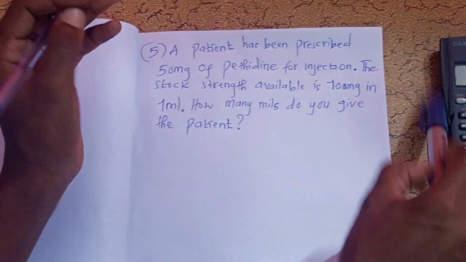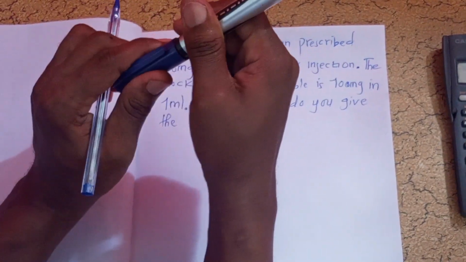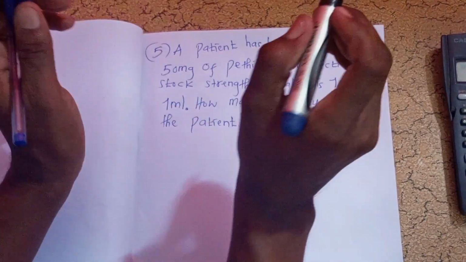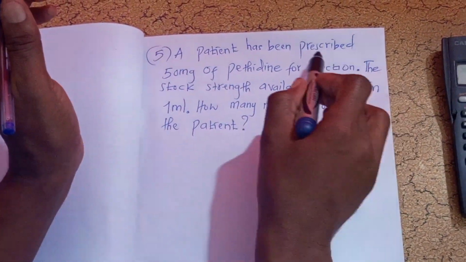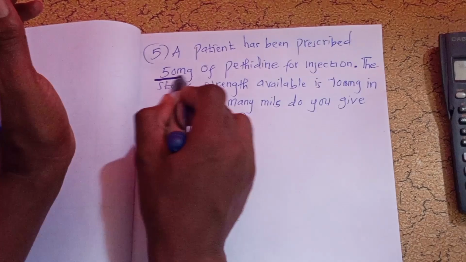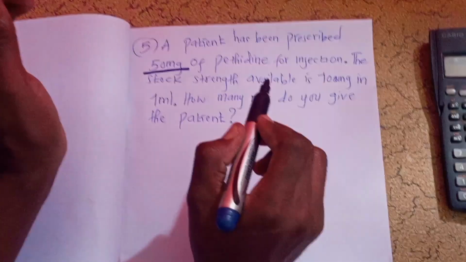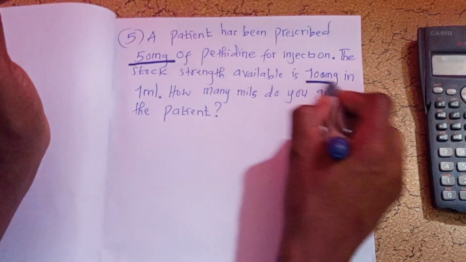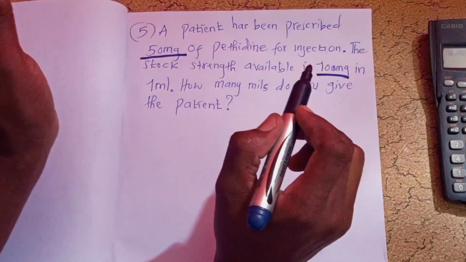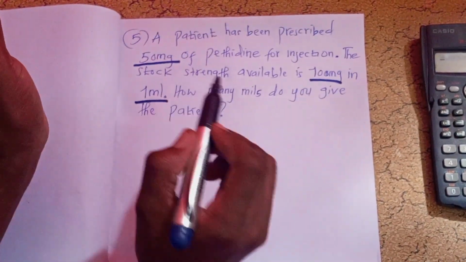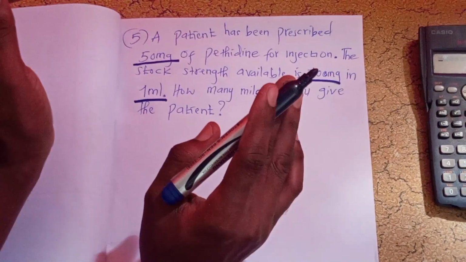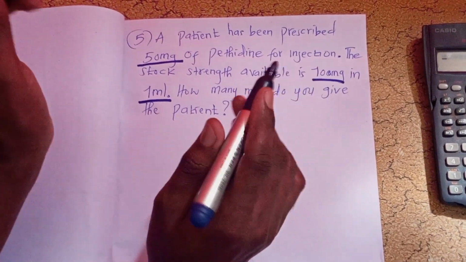So you need to highlight the keywords of the question first, which are the prescribed amount, that is 50 mg of pethidine for injection, and the available stock strength, which is 100 mg in a stock volume of 1 ml.